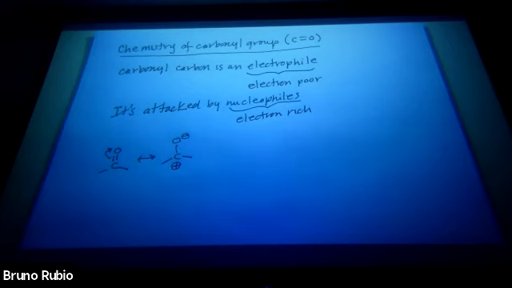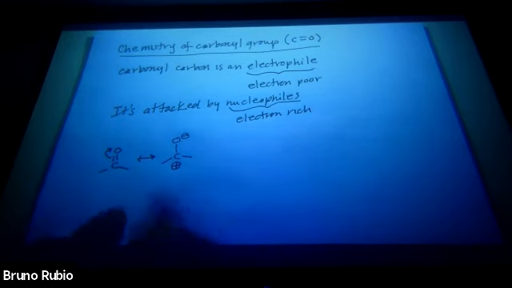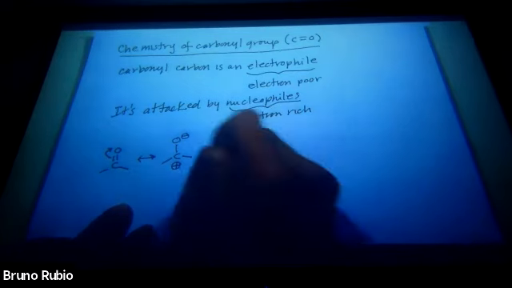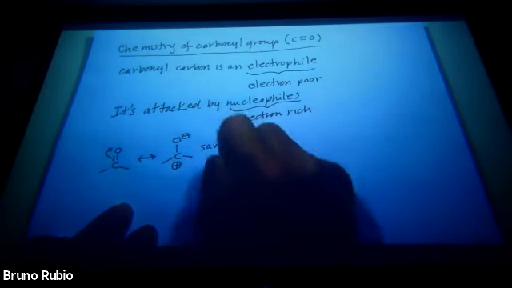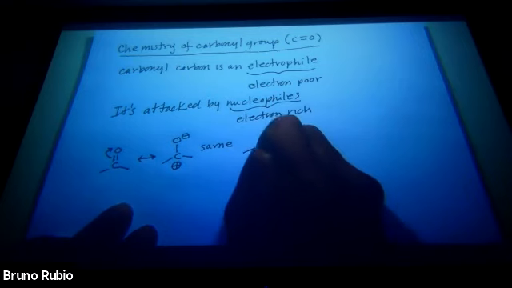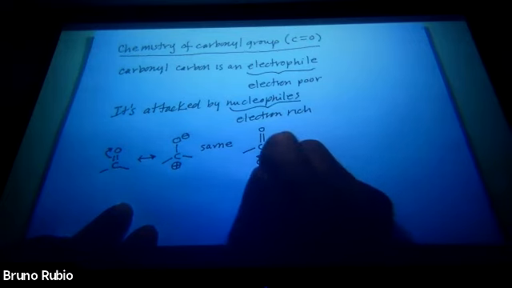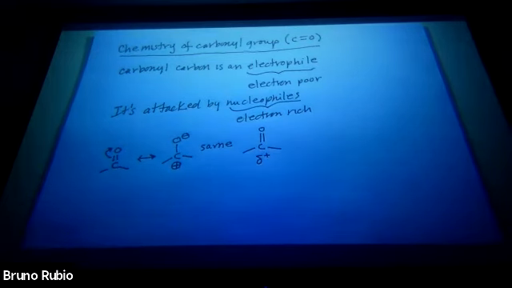Well, this makes sense because if oxygen is sucking electrons away from carbon, most of the electrons are going to be near that oxygen atom, and that oxygen atom is going to turn out negative because electrons are negative. Another way of describing this relationship is to say that the carbonyl carbon has a partial positive charge, and that lowercase Greek letter delta means partial, and then that plus means positive.